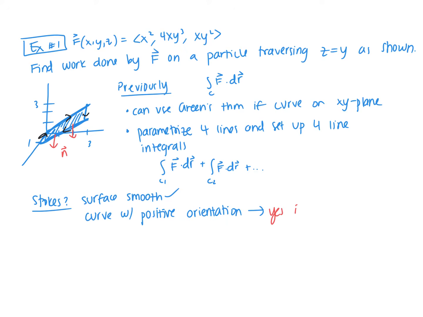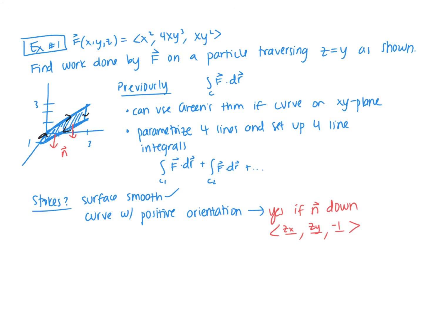So yes, we can make that happen if n is down. If we remember from the last set of notes, finding n when our surface is oriented downward, there were 3 components. Down means that the last component is -1, and then we have positive z of x, positive z of y.